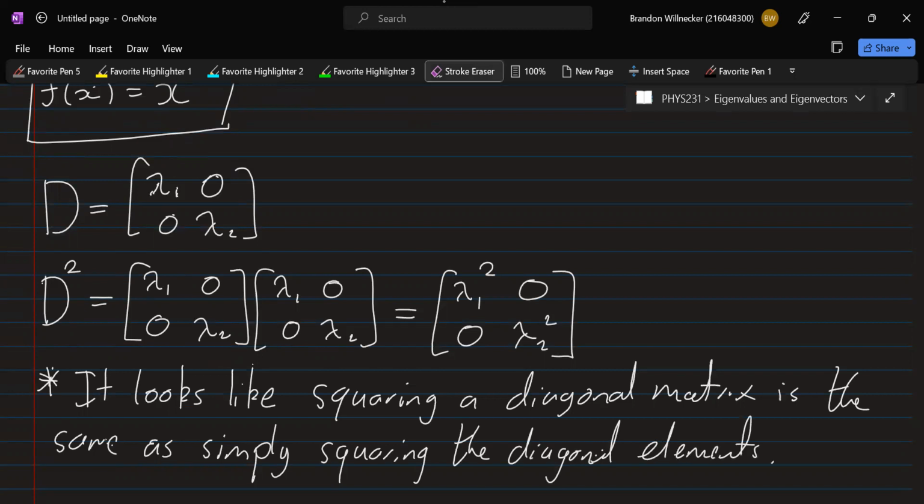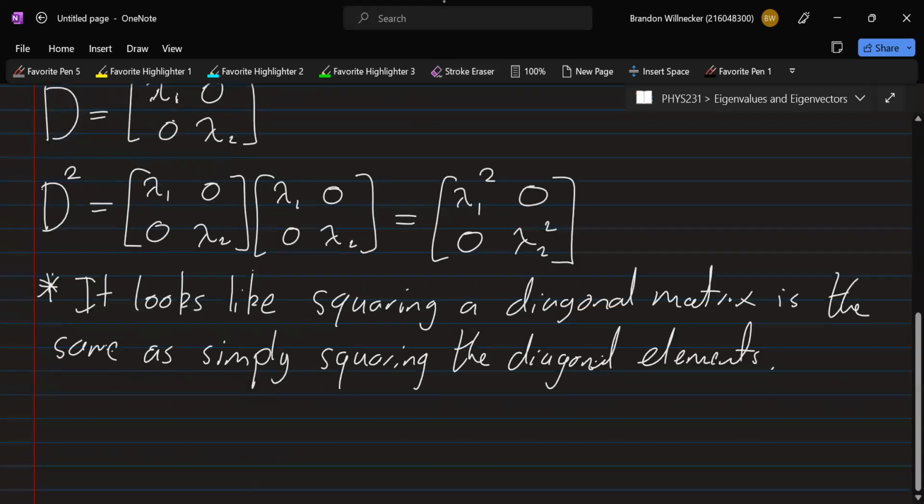And this is in fact true. You can prove this using induction. I think we'll leave that as a homework problem. So some more homework.